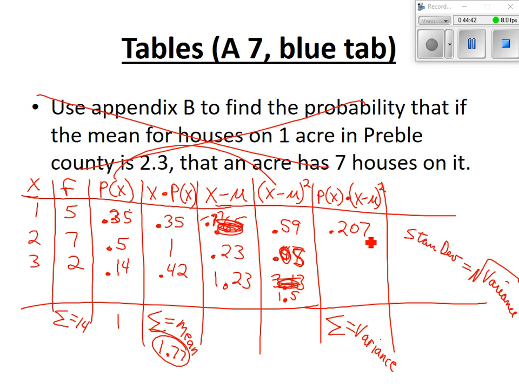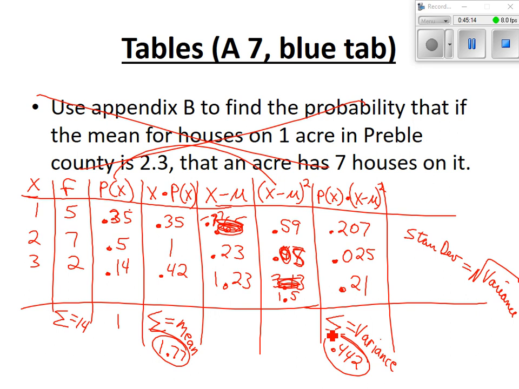What's 0.5 times 0.05? 0.025. 0.21 is the last one. Now these we do need to add up, so we get 0.442. What's that number? That's our variance.